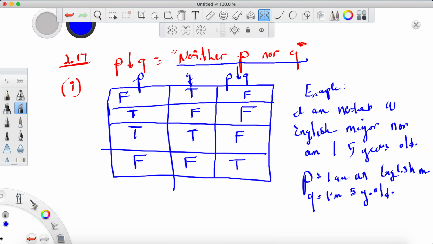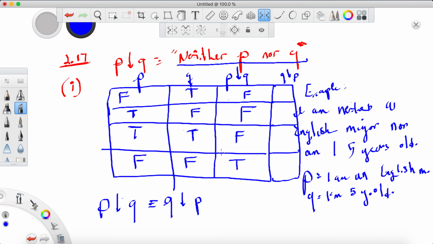Okay, so one thing to note is that P or Q is logically equivalent to Q or P, and you can immediately see that because if I just do another column, based on the rule we just established here, all I do is swap the order of the columns, but that doesn't change anything.